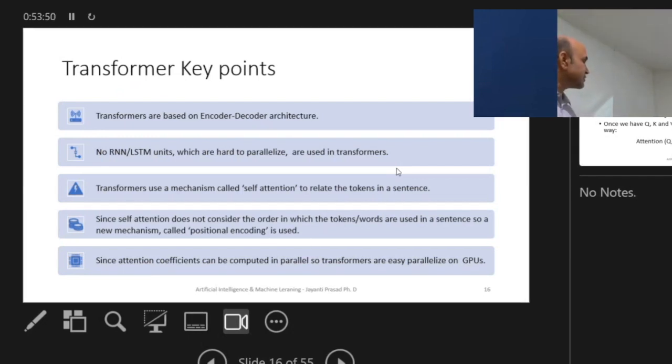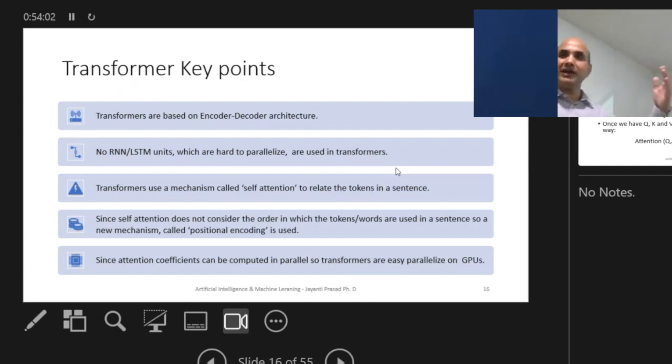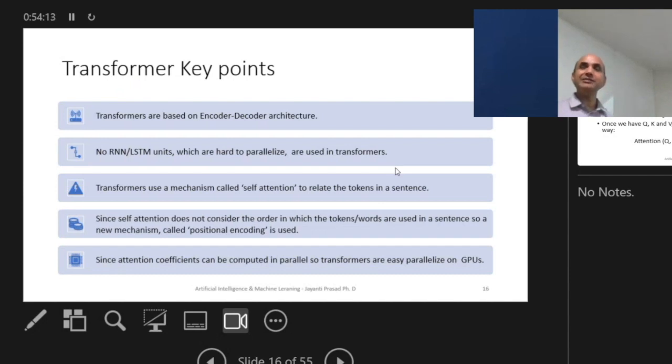Since self-attention does not consider the order in which the words are used in a sentence, a new mechanism called positional encoding is used. What is self-attention? You have a sentence and you align that sentence with itself, and you relate all the pairs. So how does it help?